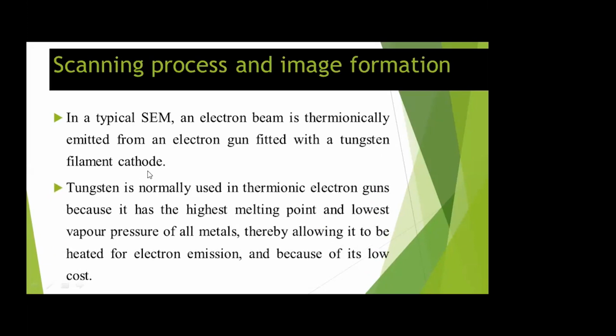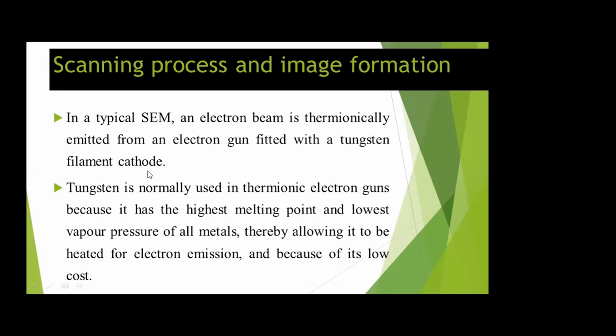Why is tungsten used here? Tungsten is normally used in thermionic electron guns because it has the highest melting point of all the elements discovered. Its melting point is about 3422 degrees centigrade.